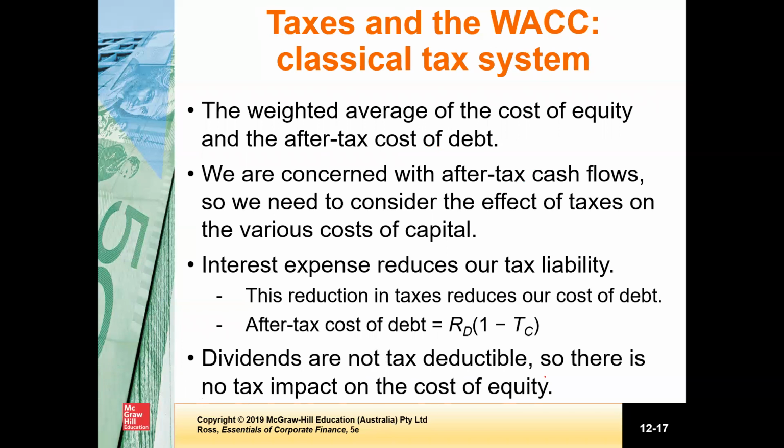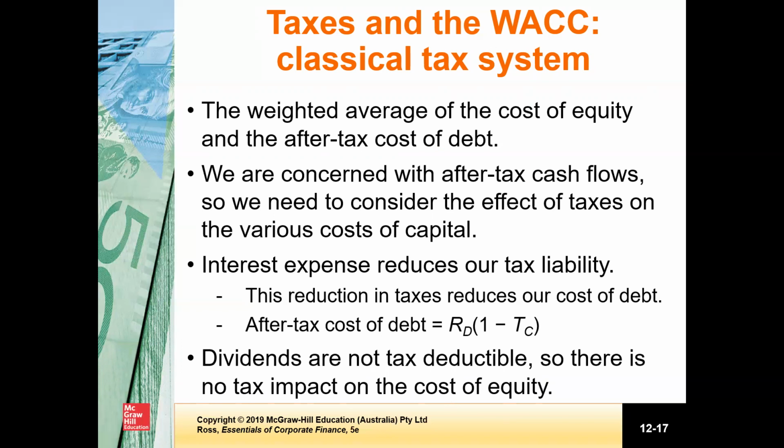Now let's talk about the taxes and the weighted average cost of capital in a classical tax system. Recall that we were always concerned with the after-tax cash flow of the firm when we learned about capital budgeting.